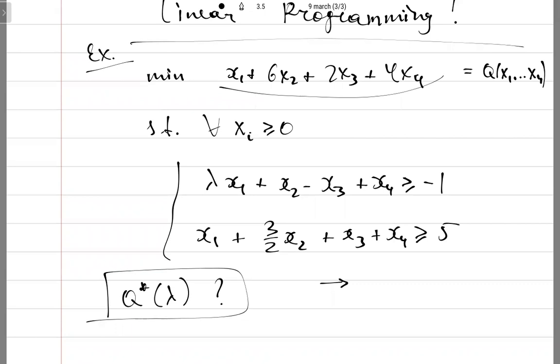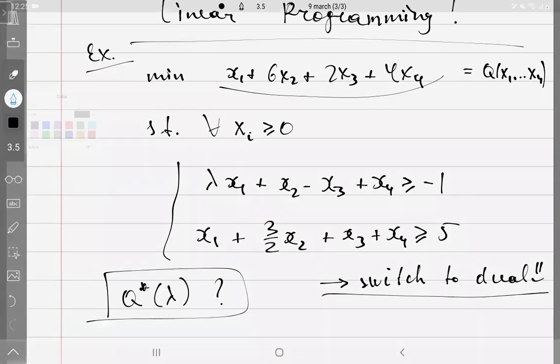That's a possible strategy, but you're right, that's a great idea. Switch to dual. Okay, let's switch to dual.